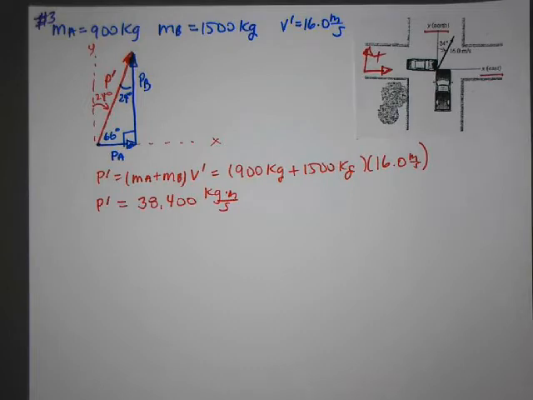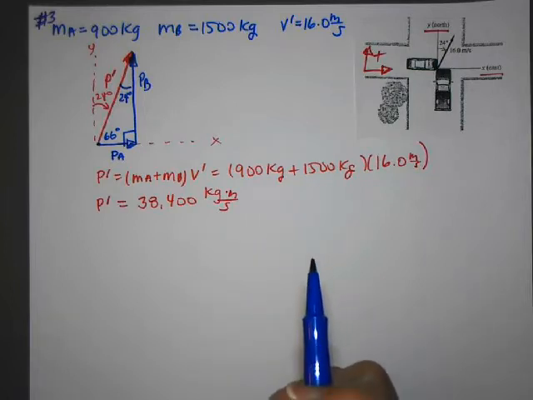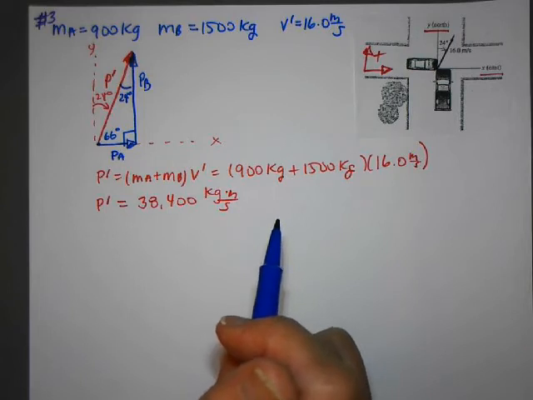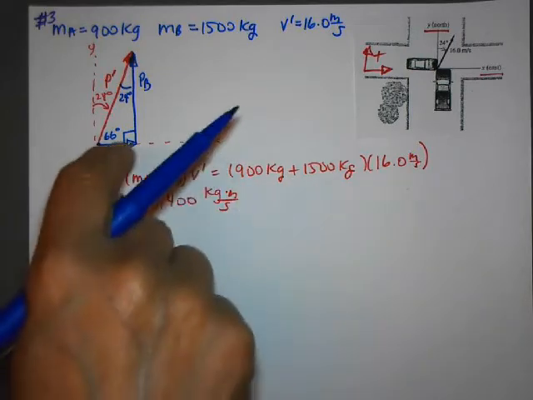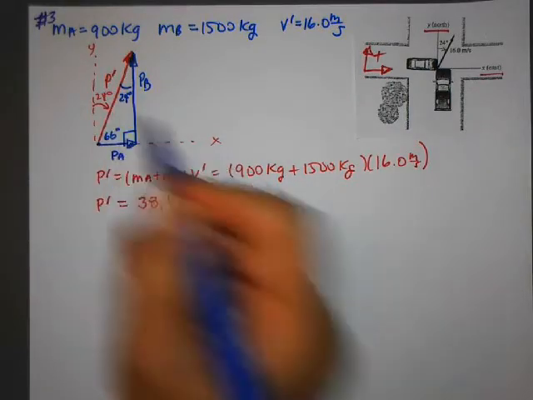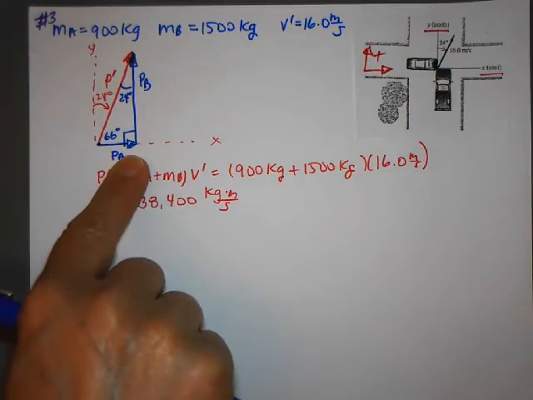I know that P is equal to MV. So if I want to find what these are, I can just use this momentum triangle and say, okay, what is PA?